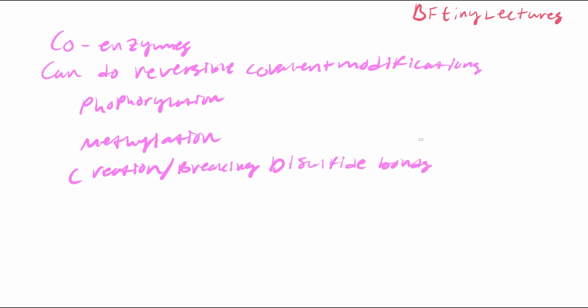Okay, so phosphorylation can occur with serine, tyrosine, or threonine, right? Methylation, it's not really important. It shows up whenever you want to make a bacteria glow in food, right?